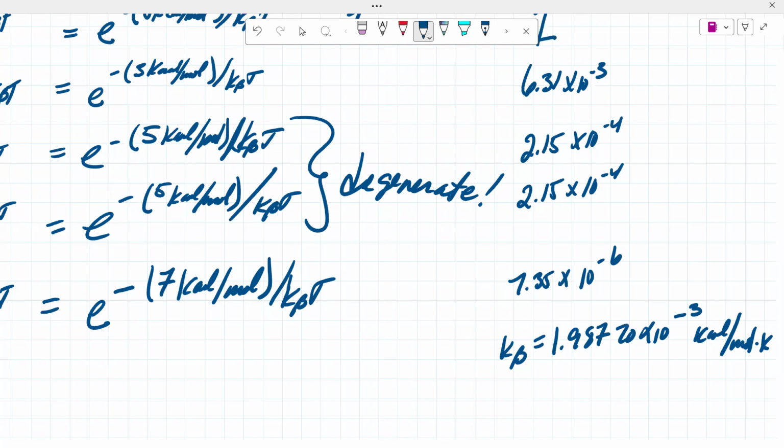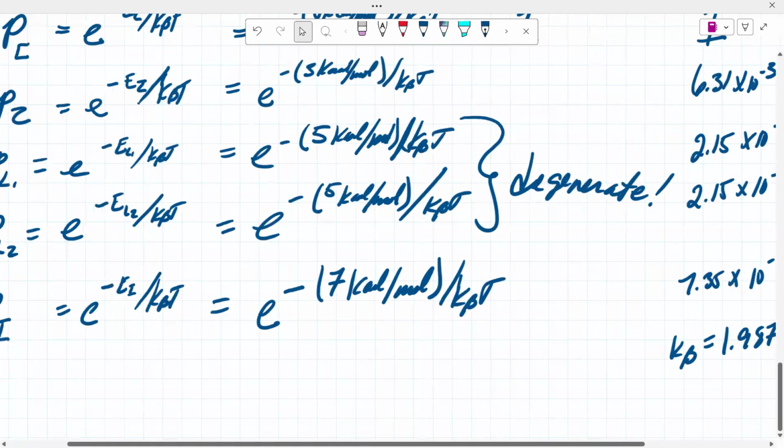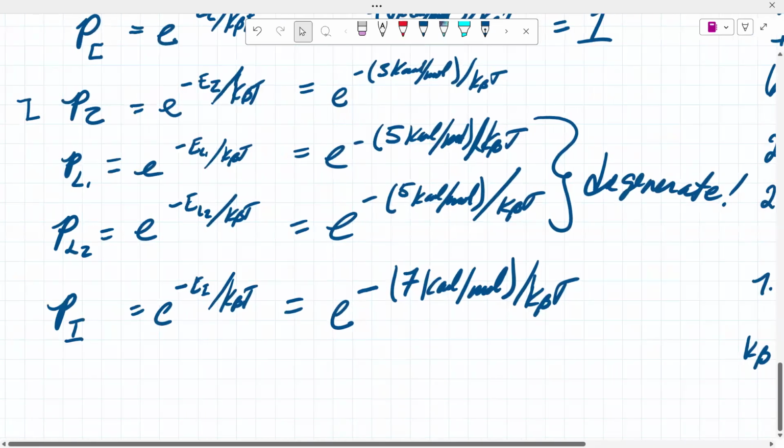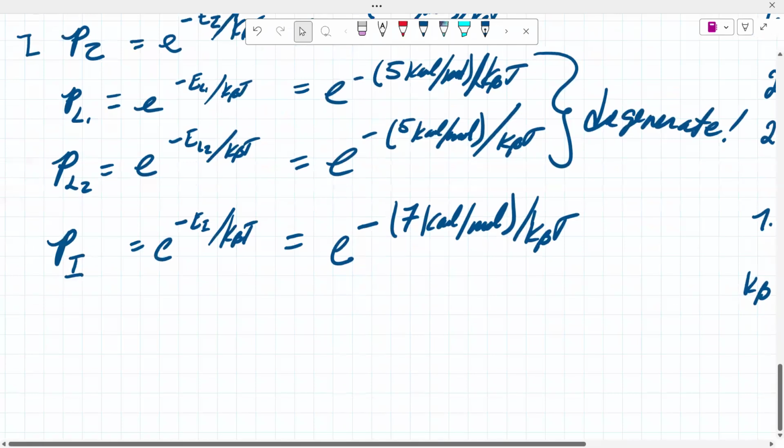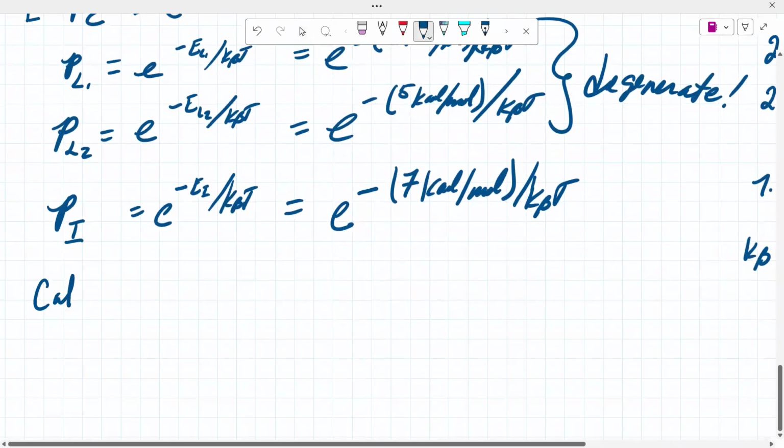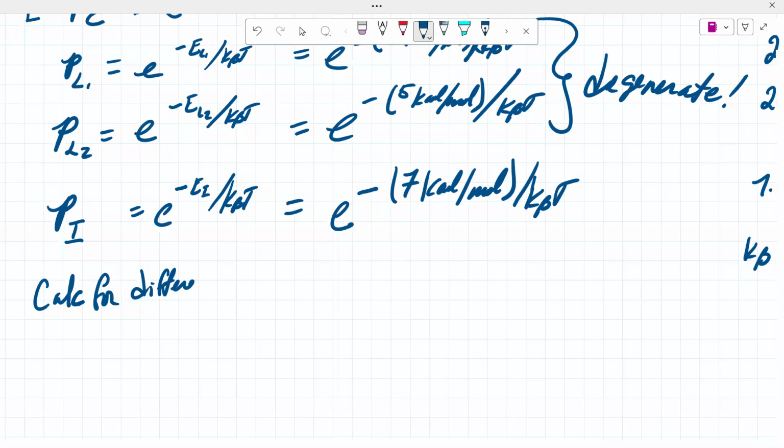Okay, now what we're going to do is calculate for different temperatures. Say temperature equals 300 Kelvin.